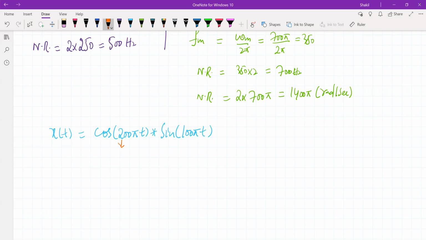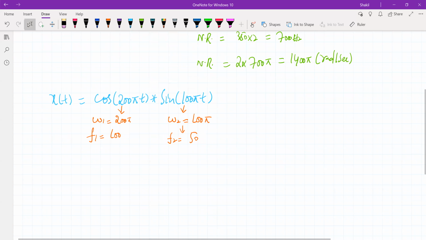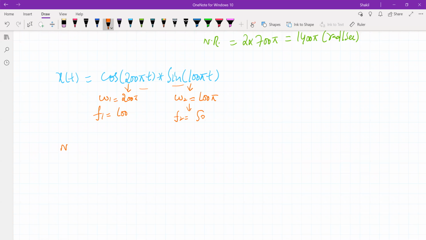Here the frequency is 200 pi and here it is 100 pi. In terms of hertz, f1 is 100 and f2 is 50, so it's 50 hertz. Whatever is the minimum of these two, you take that as the maximum frequency. Why are we taking the minimum? I will tell you the answer, but first calculate the Nyquist rate.